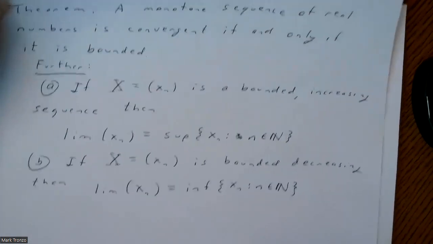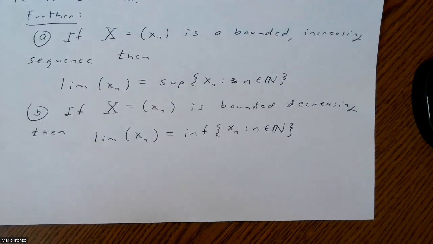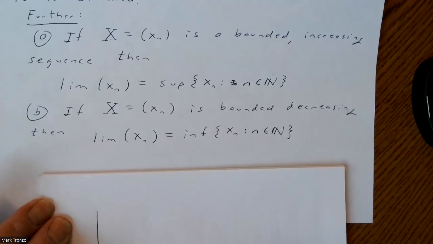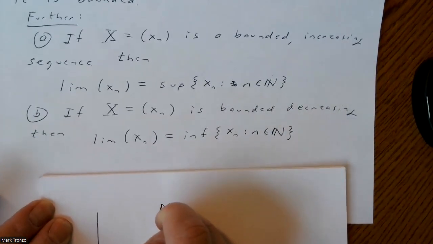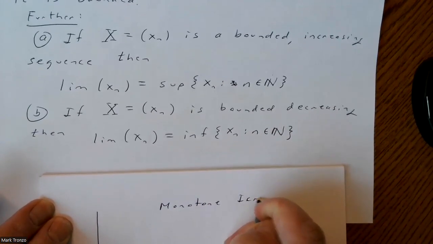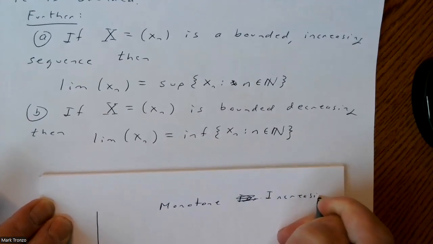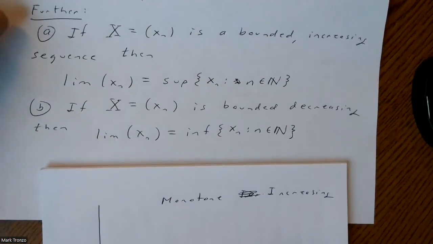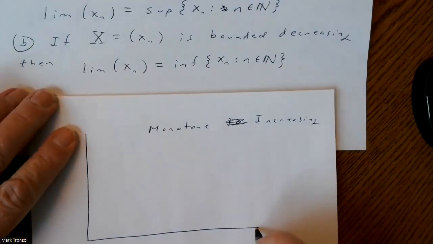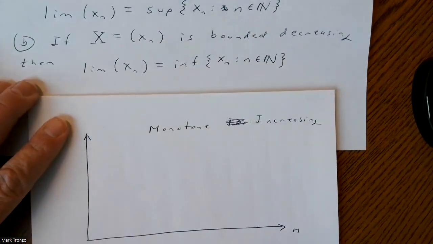And so if we think about this for a minute, especially the bounded part, the convergent part pretty much makes sense. If we think of, say, a monotone increasing sequence, then if we were to plot this, let's say this is n here, and over here we have the members of the sequence.